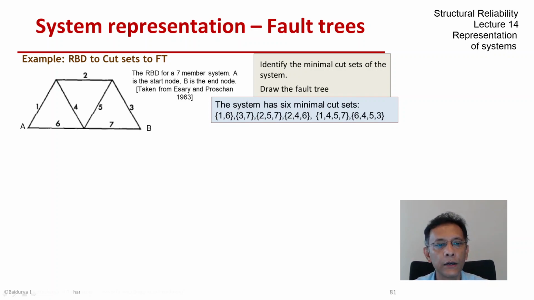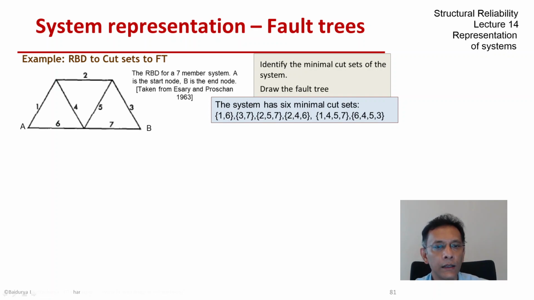These would be the first 2 that we have already identified, 1, 6 and 3, 7. Along with that, there are 2 which have 3 elements, and then another 2 which have 4 elements. So the task here is to identify the minimal cut sets, and from there to draw the fault tree.